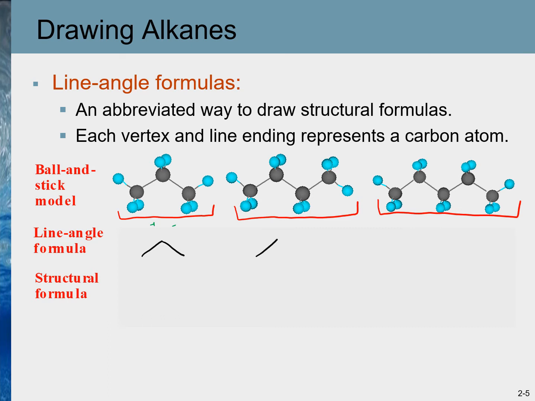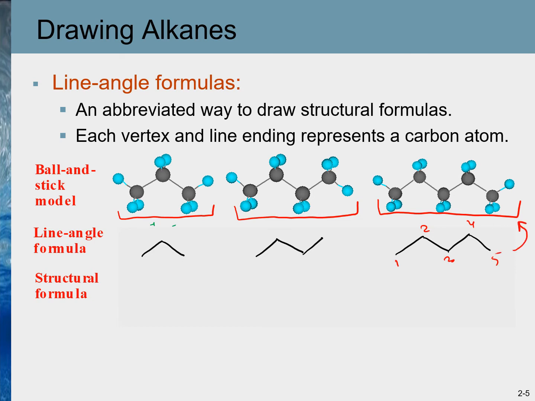For a 4 carbon chain, we show the structure by zigzag lines. Remember, each corner and end represents 1 carbon. So the last one has 1, 2, 3, 4, and 5 carbons, which is the same as this one.